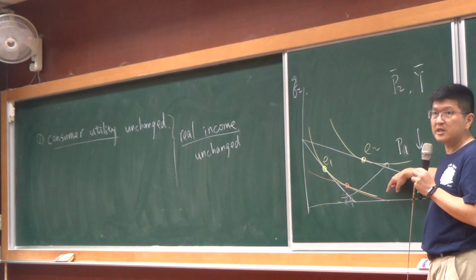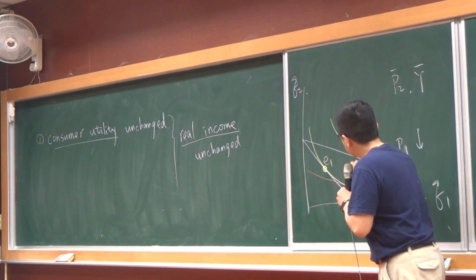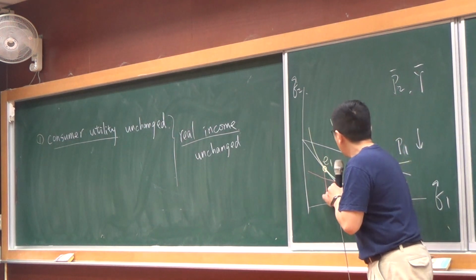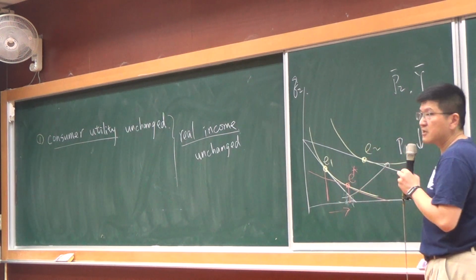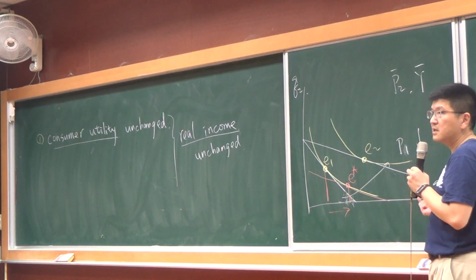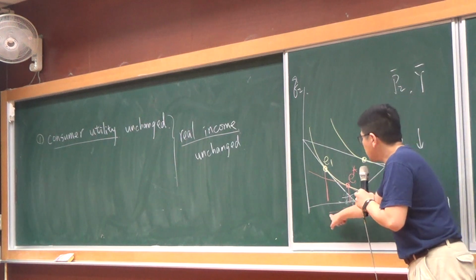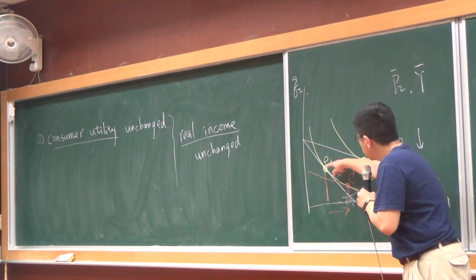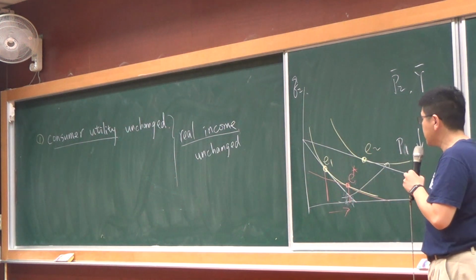So our utility is unchanged, right? So make this E star. So from E1 to E star, you will see the substitution effect makes the quantity demanded of good 1 increase. And so from E1 to E star is the substitution effect.